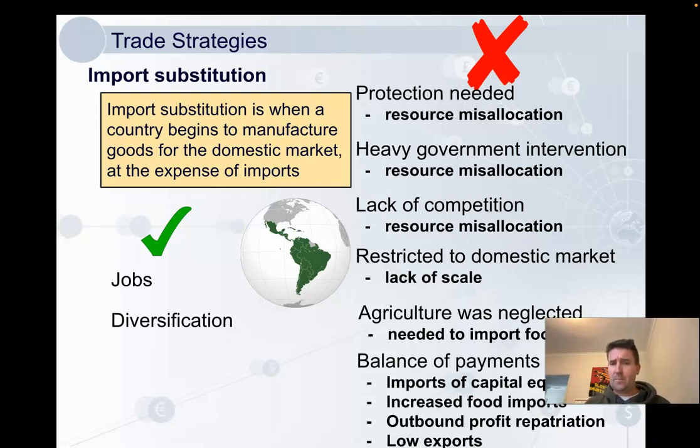And often this import substitution was done by multinational firms, so they had to send those profits back overseas. And of course, these firms weren't efficient enough to be able to export. So we didn't have exports. So a lot of money going out, not much money coming in, balance of payments problems.